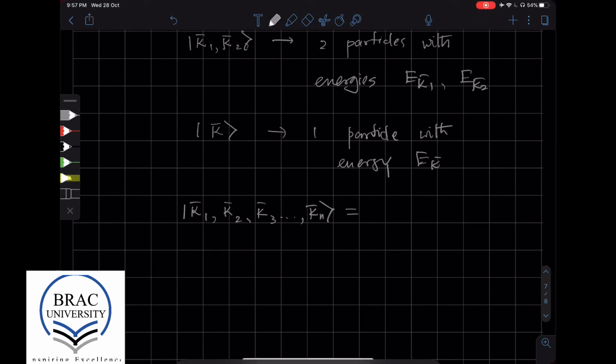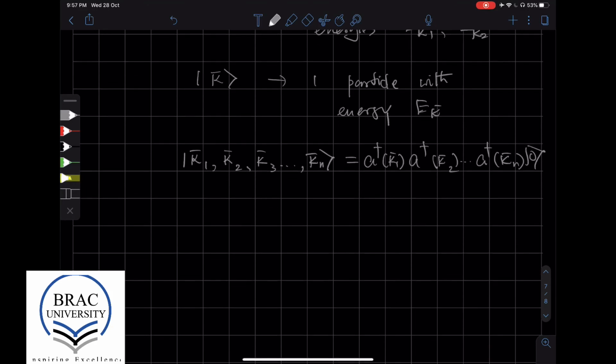This state could be created by applying n creation operators on the vacuum. And the energy of this state is simply given by the sum of the energies associated with each individual 3-momentum. Therefore, we can think of this state as having n particles.